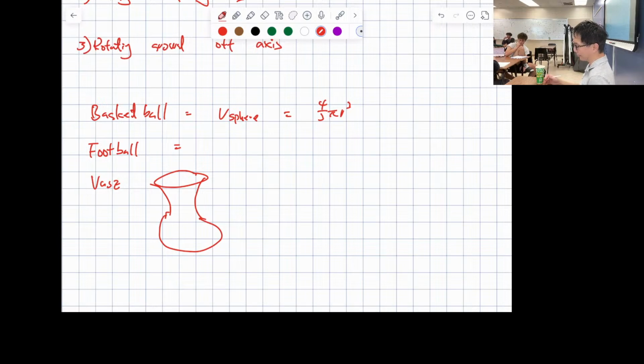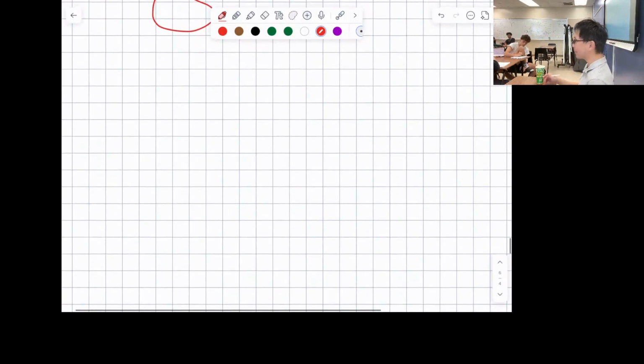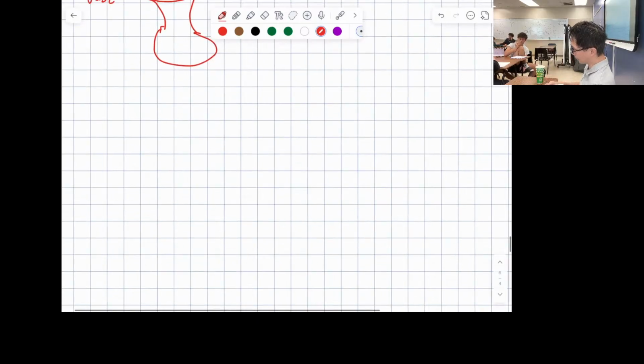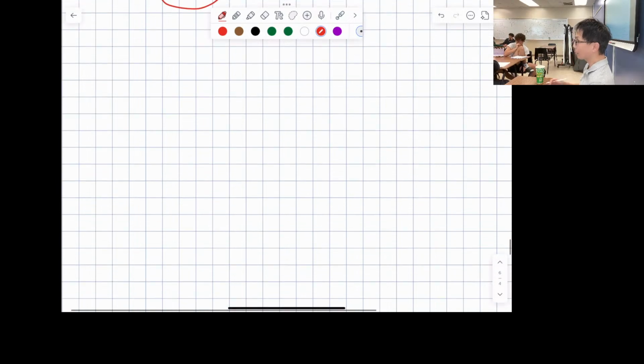But yeah, you have a football. So the idea is, hey, how do I find the volume of a football? Well, a football is interesting, right? So what I propose is a function that is really close, that looks like the curvature of a football. What would be a function I can think of that looks like the curvature of a football?